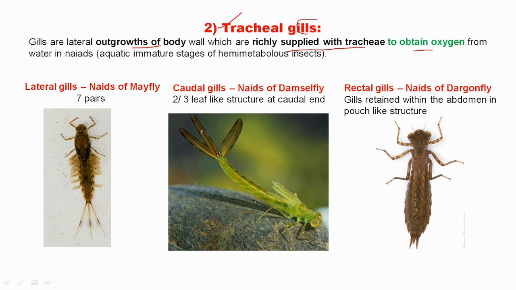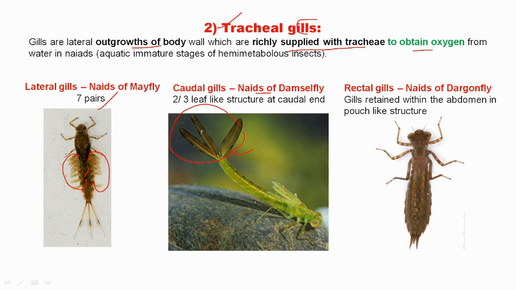See, lateral gills. Lateral gills are present in the nymphs of mayfly. These are seven pairs in number. Next, caudal gills. Caudal gills we can see in the nymphs of dragonfly. These are leaf-like structures present at the caudal end.